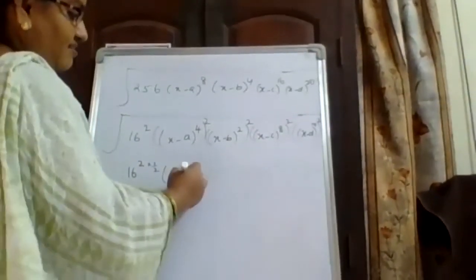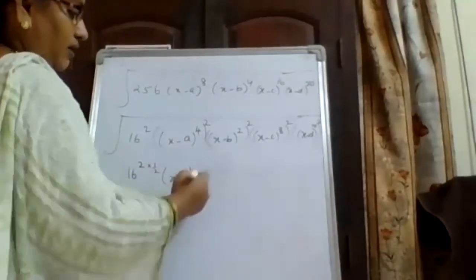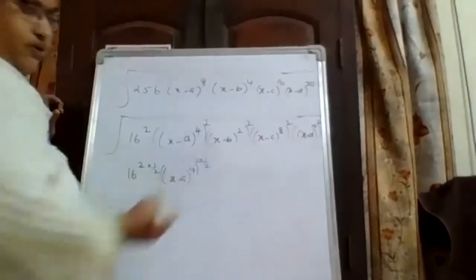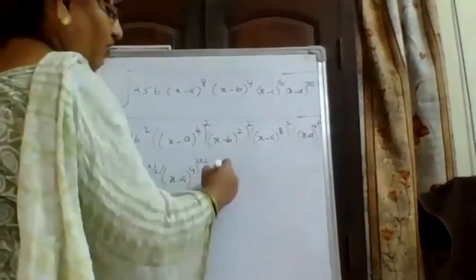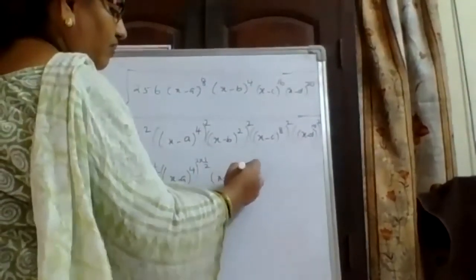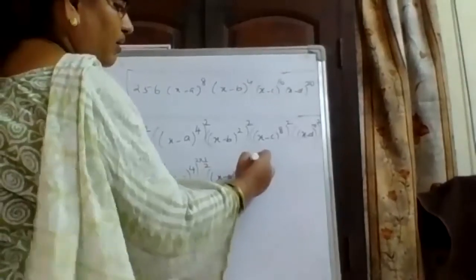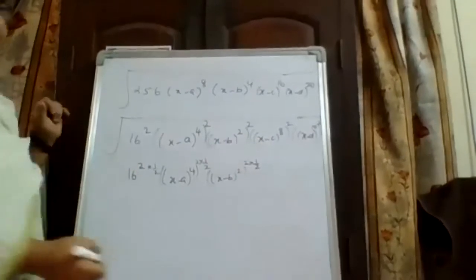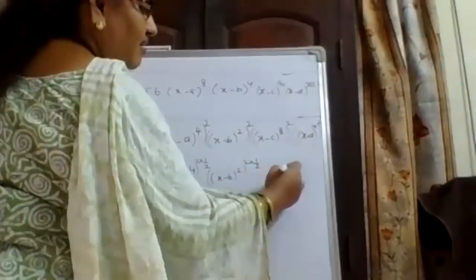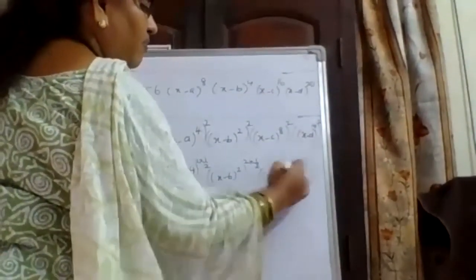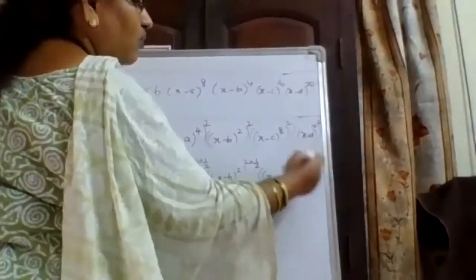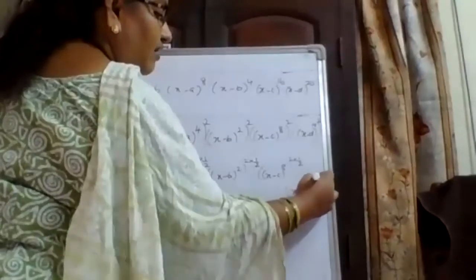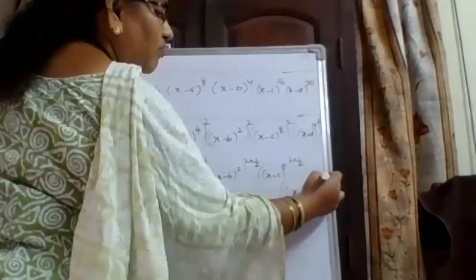Again, (x minus a) whole power 4, then you have the 2, again it becomes 1 by 2 for this. And again for (x minus b) power 2 whole to the power 2 into 1 by 2. That is, the root is becoming 1 by 2. Now (x minus c) power 8 to the power 2 into 1 by 2. Once again the same for (x minus d) to the power 10 to the power 2 into 1 by 2.